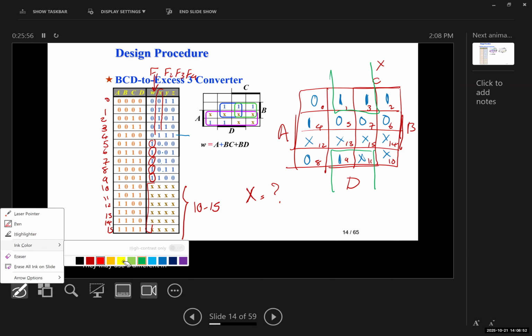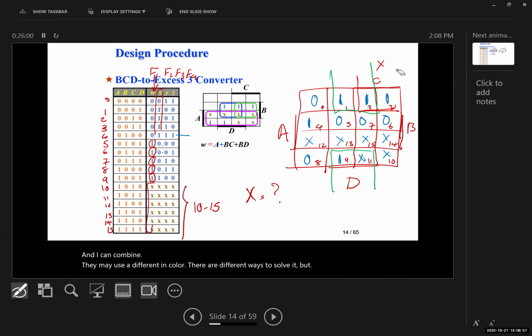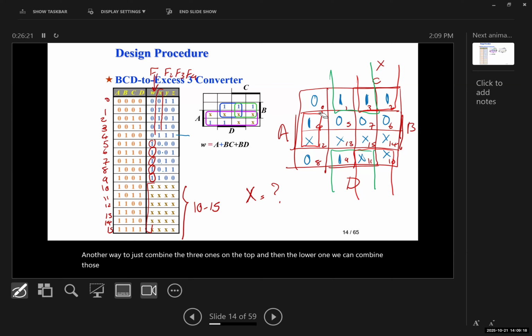There are different ways to solve it, but I can combine these four as well. And I can combine these two. Another way is to combine the three ones on the top, and then the lower ones, we can combine those four in the bottom. Both of them, you're going to have the same answer.